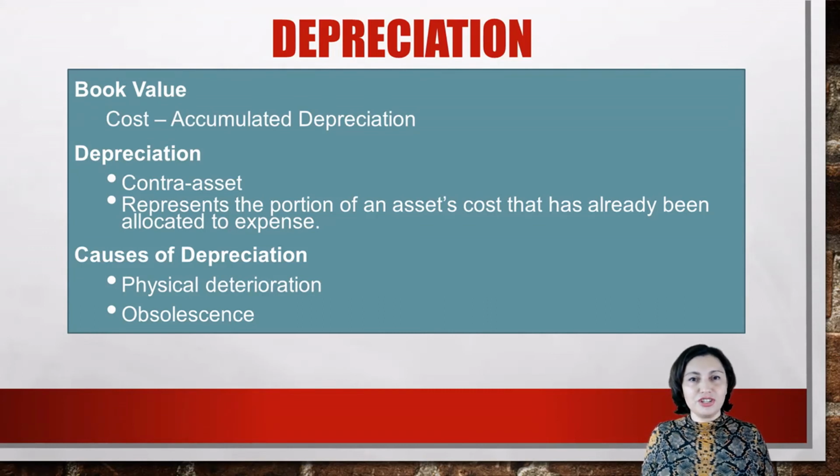Accumulated depreciation is a contra-asset account and is subtracted from the asset account to determine book value. Assets are depreciated as we use them to help earn revenue. As assets are used, they incur physical deterioration and obsolescence.